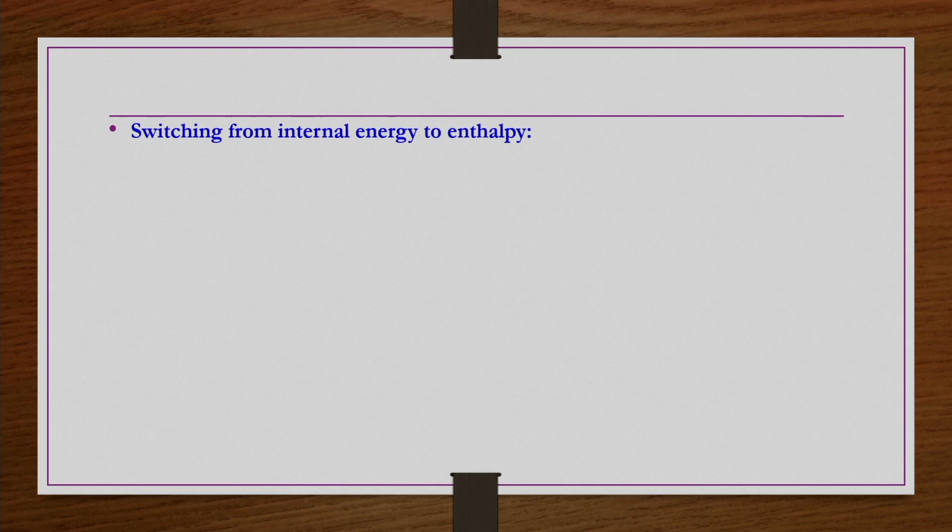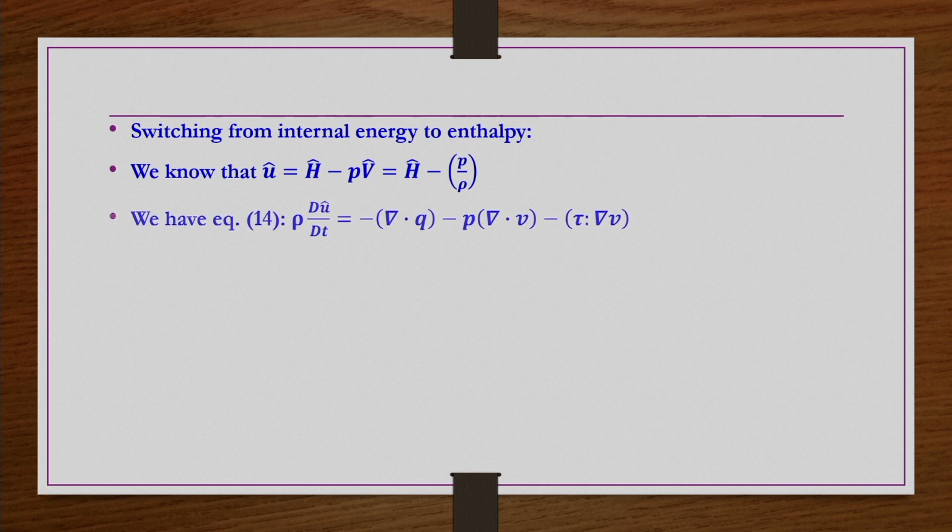Now, switching from internal energy to enthalpy. We know that U is equal to H minus PV, or H is equal to U plus PV. So U is equal to H minus PV, and V̂ we can write as 1 by ρ. So, in equation 14, ρ DŨ/Dt is equal to the right hand side terms as they are.